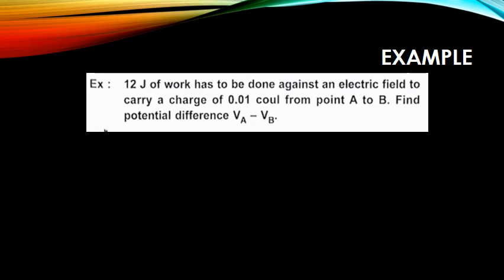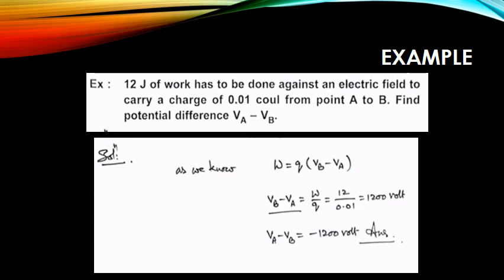Here we shall directly use the expression for work done by external agent in bringing a charge Q from point A to point B. By definition, work done by external agent is equal to charge Q multiplied by VB minus VA, which is nothing but electrostatic potential difference between points A and B. So that gives VB minus VA is equal to W by Q. Since W is equal to 12 joule and Q equal to 0.01 coulomb, so the result is 1200 volt.